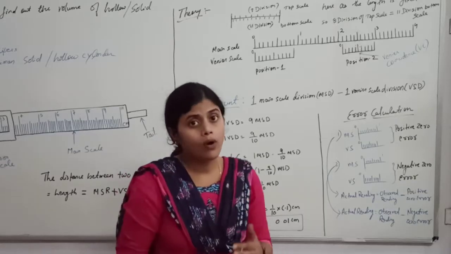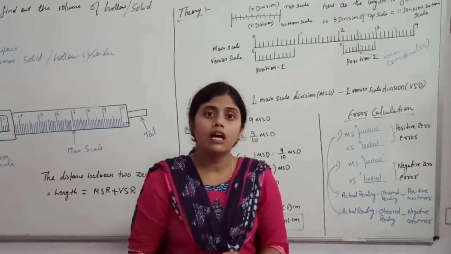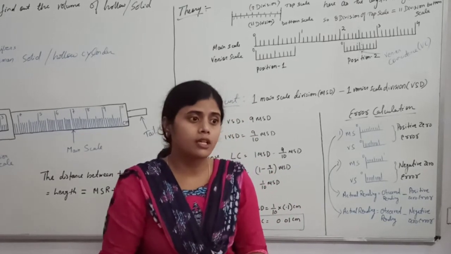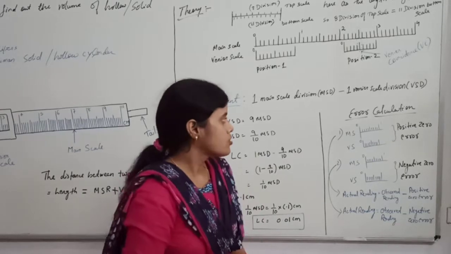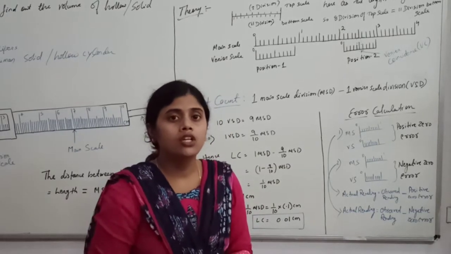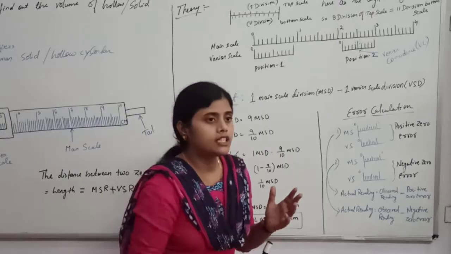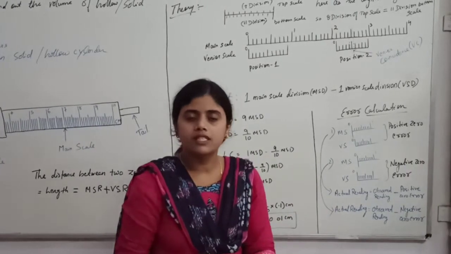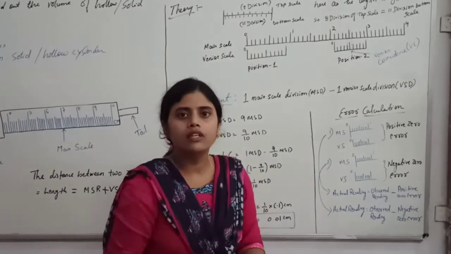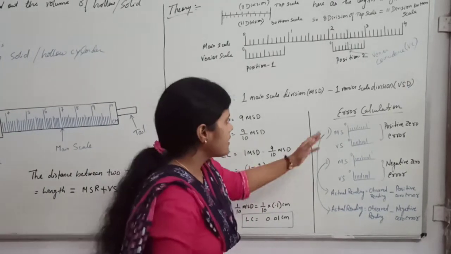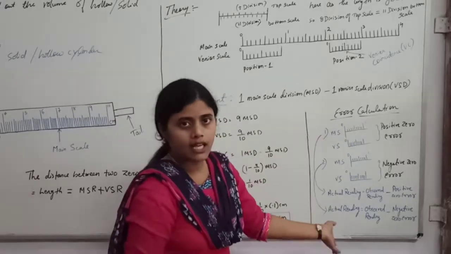As our purpose is to find the accurate measurement of a given object, it is very important to take this error into consideration, because this will avoid unnecessary mistakes and inaccuracy in the measurement. Okay. So I will tell you how to do the error calculation here.